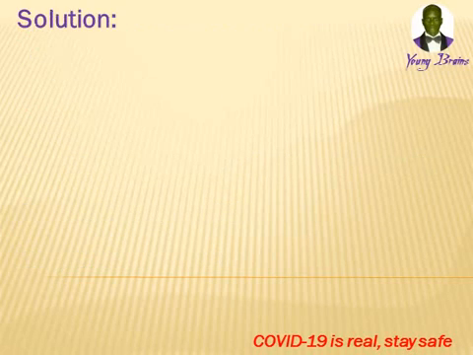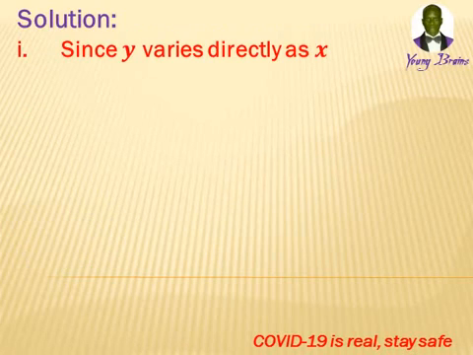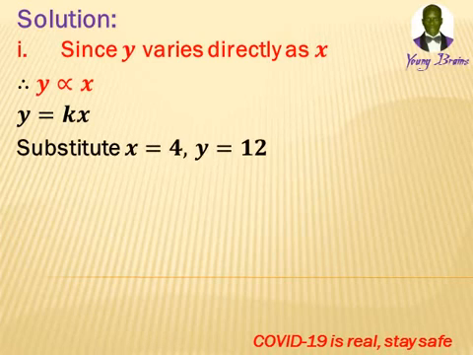Solution. We want to solve question 1, Roman figure 1. Since y varies directly as x, we can write it as y is directly proportional to x, which can also be written as y equals kx. By introducing k, we have y equals kx. We then substitute the values of x and y, which are given in the question, into the equation y equals kx.